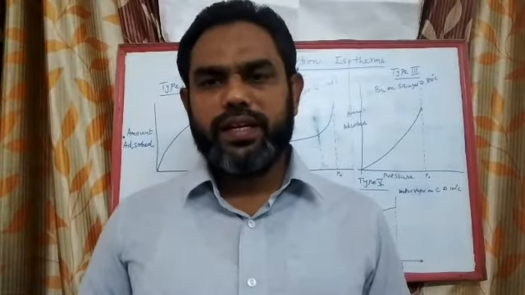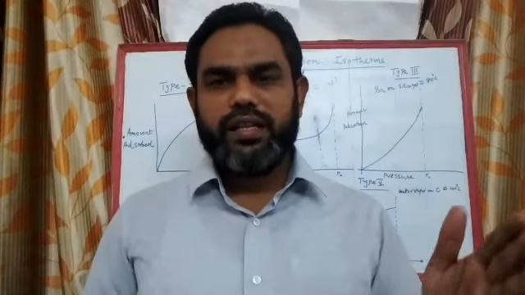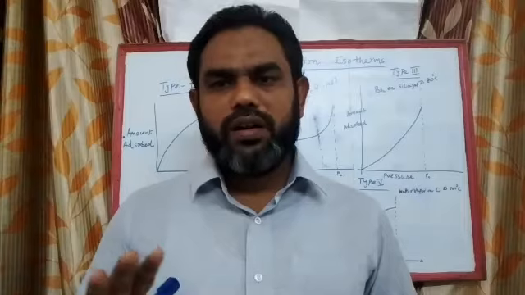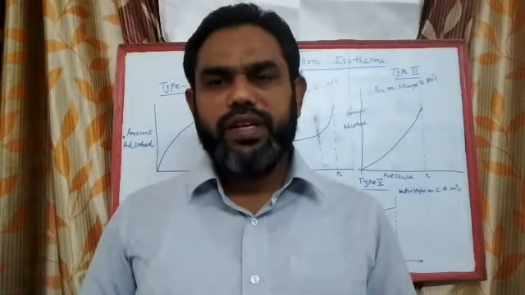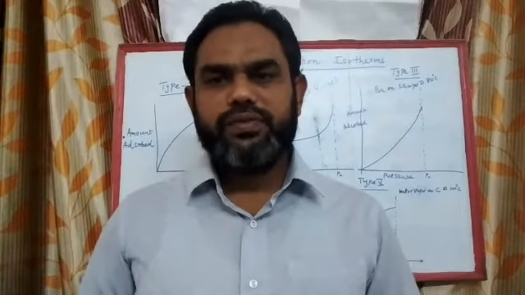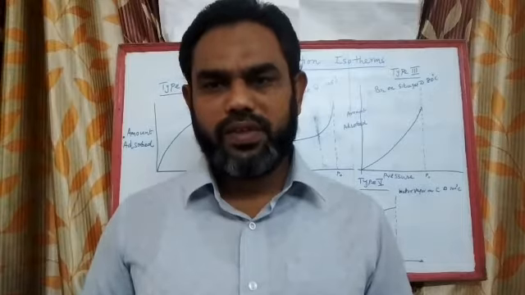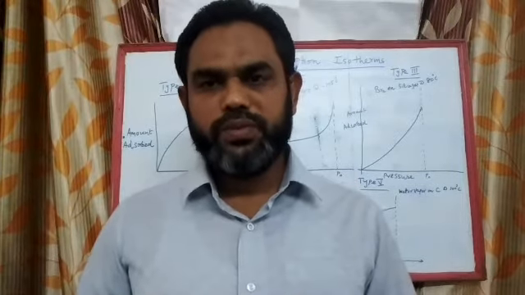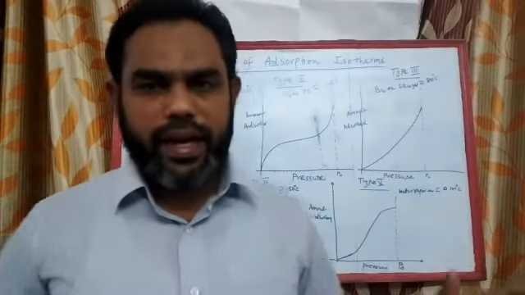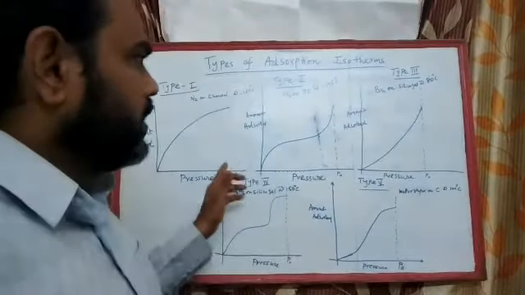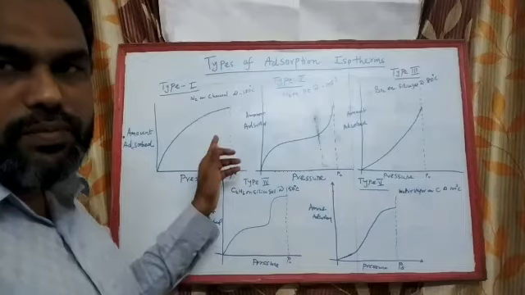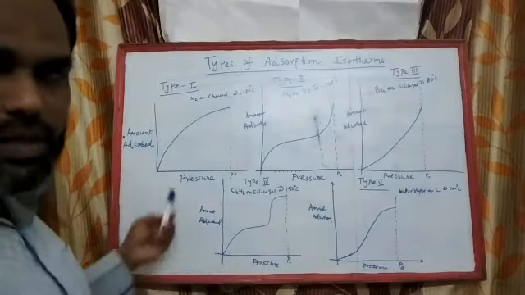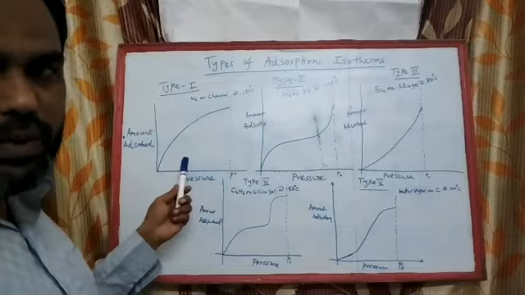So by varying the pressure and the nature of adsorbent and adsorbate at constant temperature, we derive a set of graphs called adsorption isotherms. Here I have drawn some of the adsorption isotherm graphs. There are 5 types of adsorption isotherms available.